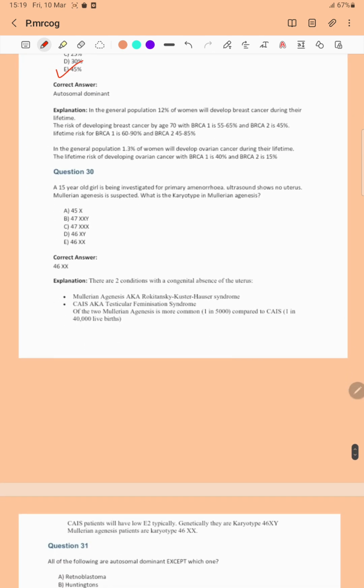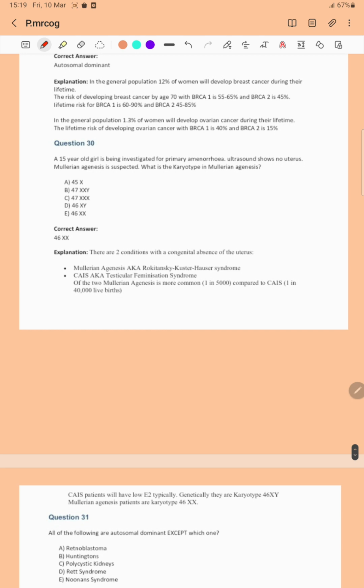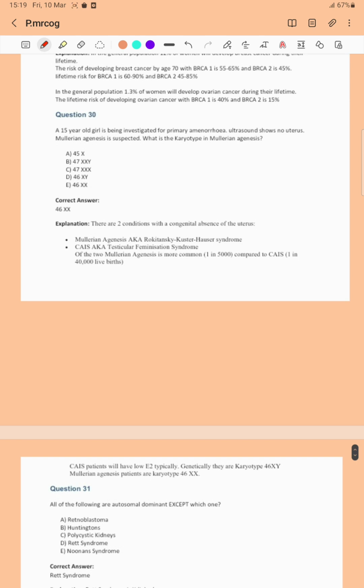Next question, a 15-year-old female investigated for primary amenorrhea. Ultrasonography shows no uterus. Mullerian agenesis is suspected. What is the karyotype in Mullerian agenesis? There are two conditions with congenital absence of the uterus. One is Mullerian agenesis, which is also known as Mayer-Rokitansky-Küster-Hauser syndrome, MRKH, and the other is CAIS, which is also known as testicular feminization syndrome.